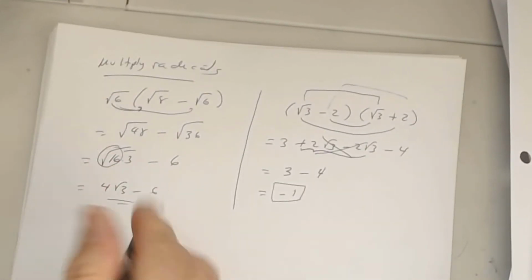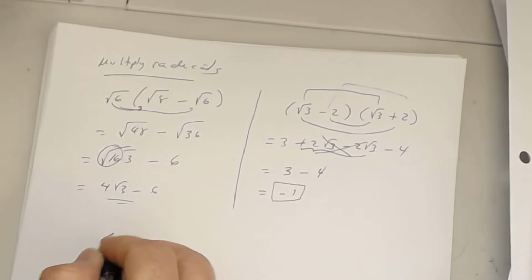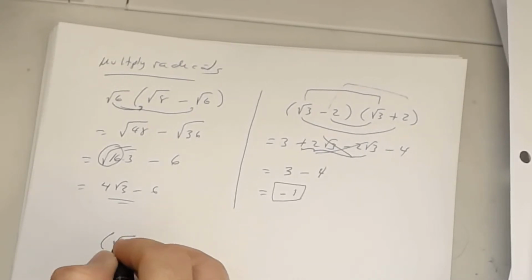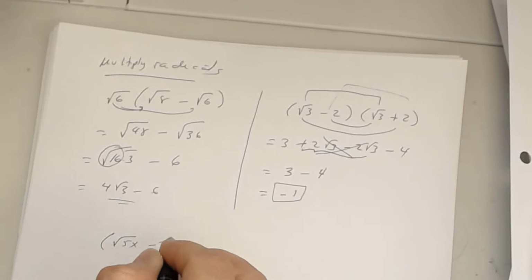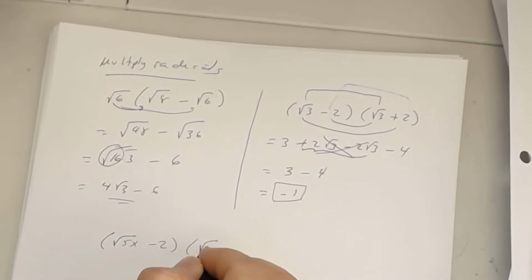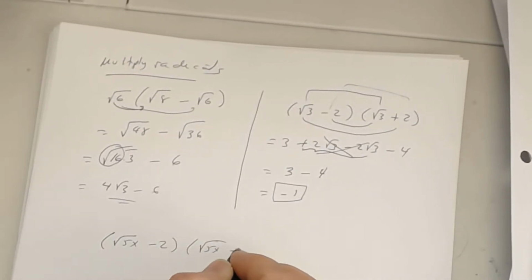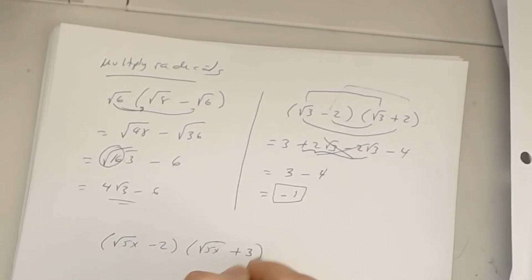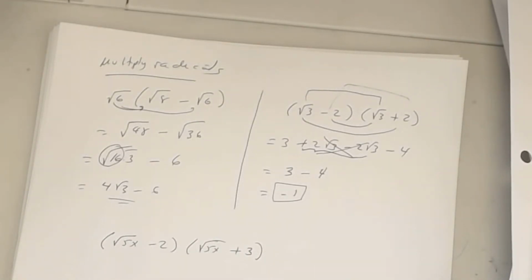Let's look at this one. What if you had the square root of 5x minus 2 times the square root of 5x plus 3? Okay? Square root of 5x minus 2 times the square root of 5x plus 3.